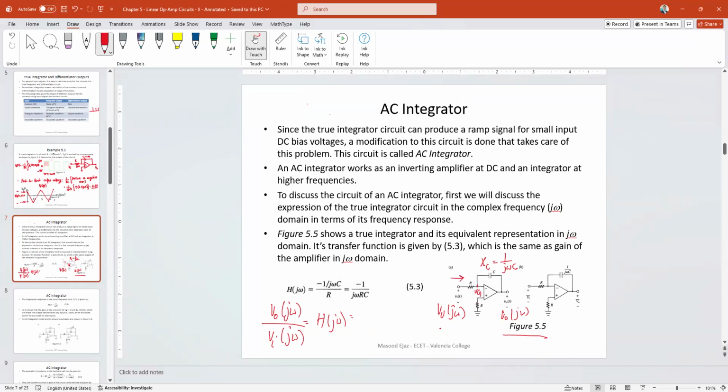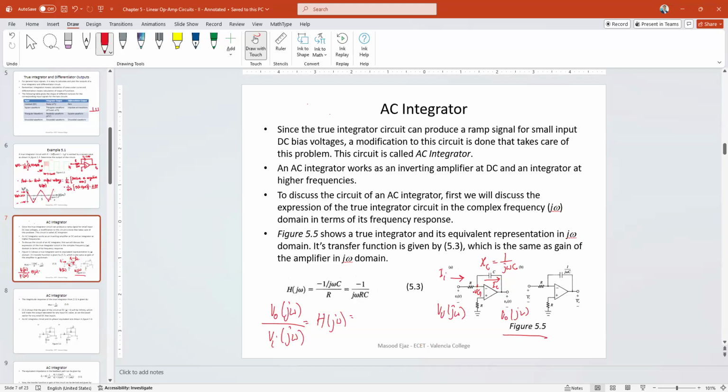So the current that is going towards the virtual ground, let's call this current I input, and the current that is passing through the capacitor, we call this current IC. Current I input is simply V input divided by R. And of course, you have the current IC, which is going to be 0 minus V output over XC.